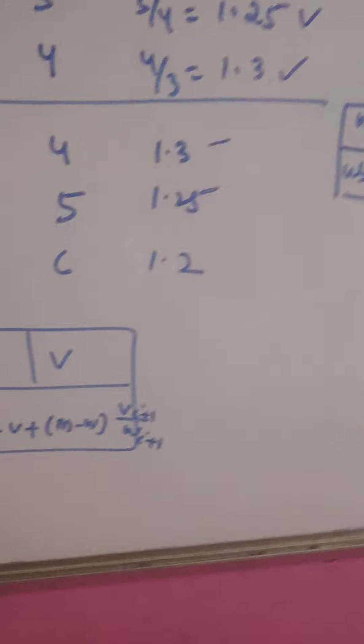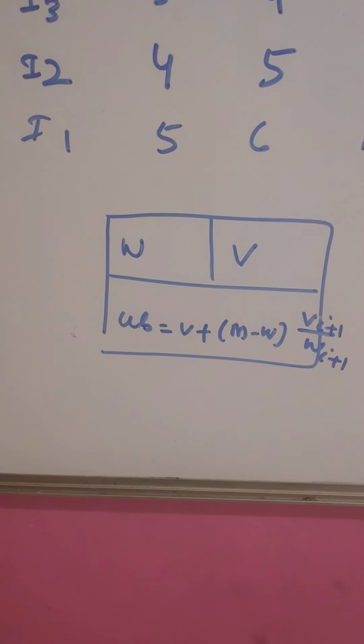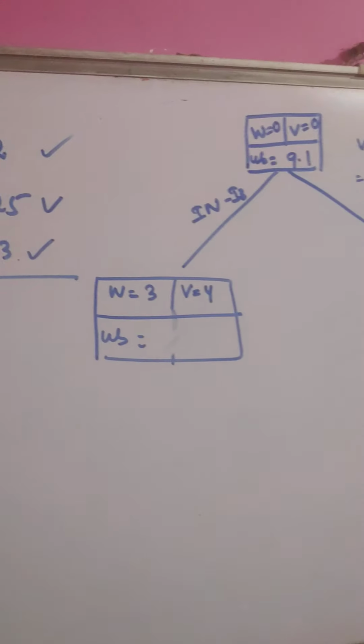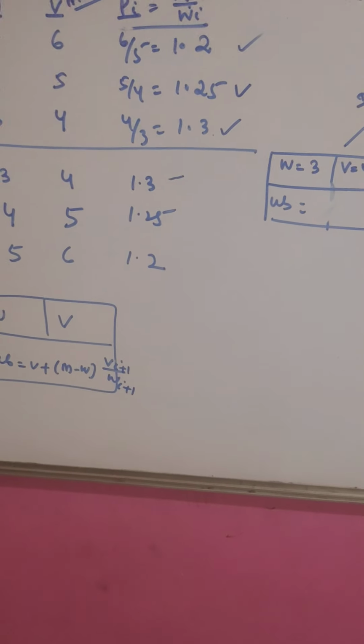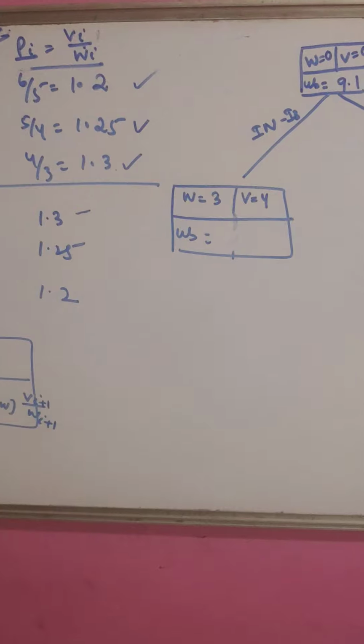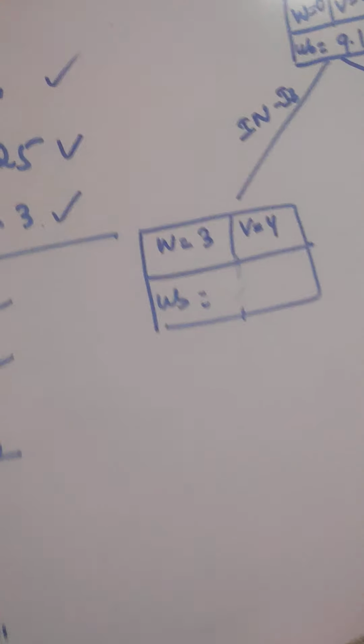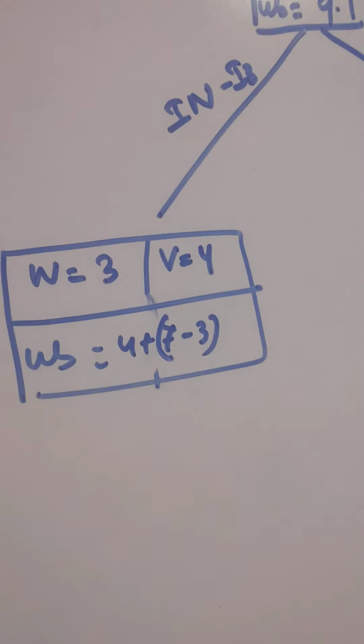So what is the formula of upper boundary? Upper boundary is equal to V, V was now 4, plus M minus W. M was 7, W was 3. So here the upper boundary was 4 plus M is 7 minus W is 3 into Vi plus 1 by Wi plus 1.